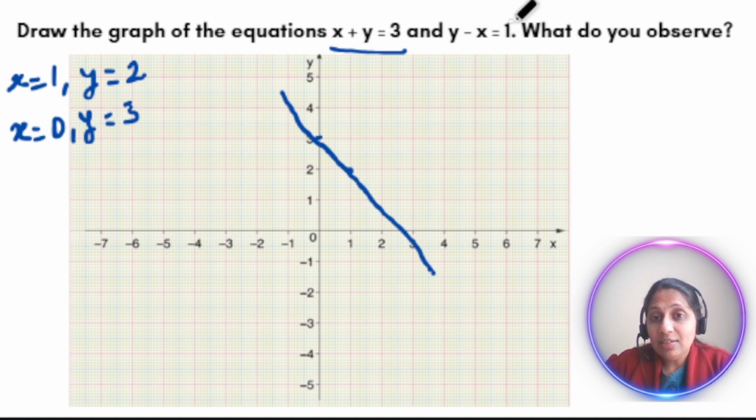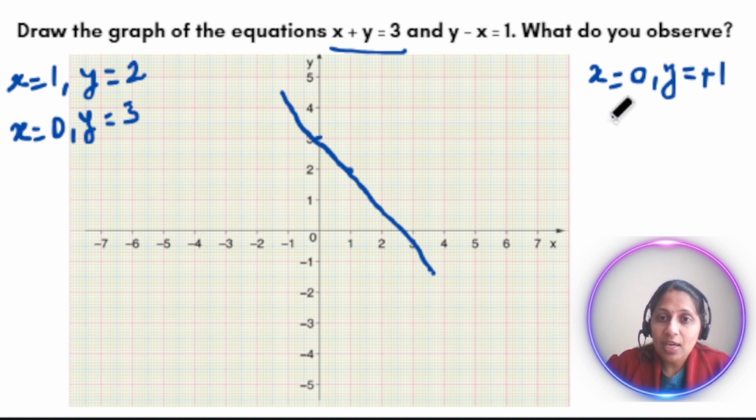As you can see here, the terms are interchanged. If you are solving this by elimination method or substitution method or the third method, you have to arrange it in the proper order, like minus x plus y equals 1. But here I'm taking it as it is because I need only 2 points. So if x equals 0, y will be 1. And if x equals 1, y will be equal to 2, right?